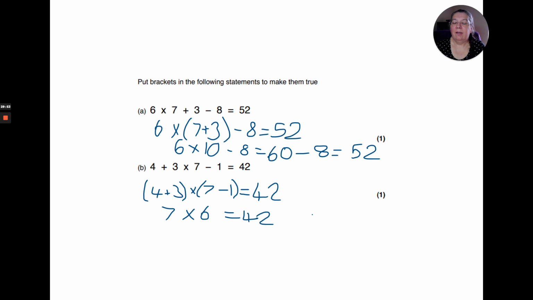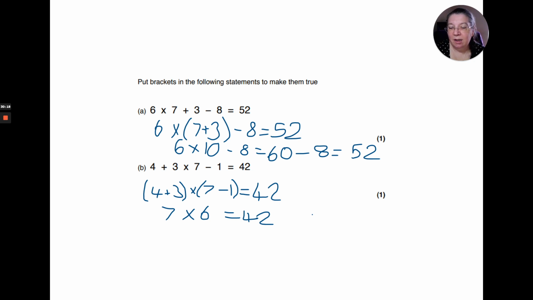Now, the following question. 4 plus 3 times 7 minus 1. Again, if we followed BIDMAS, we'd do 3 times 7 first, which is 21. Then we could add the 4, which would be 25, subtract the 1. That does not give me 42. So we actually need to put 2 lots of brackets into this question.